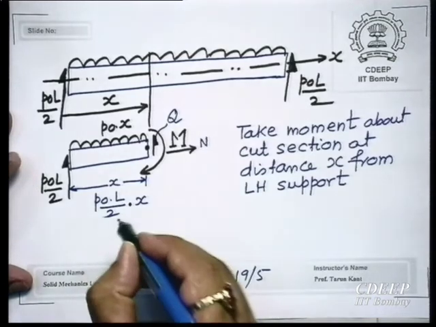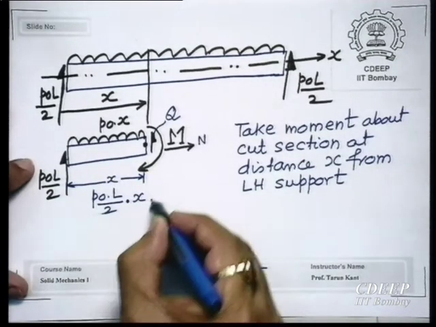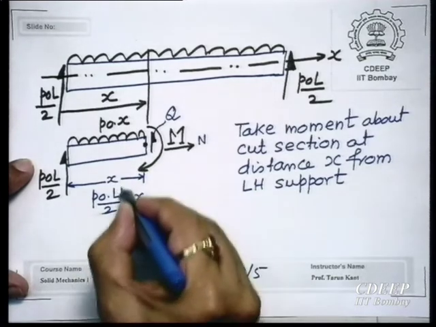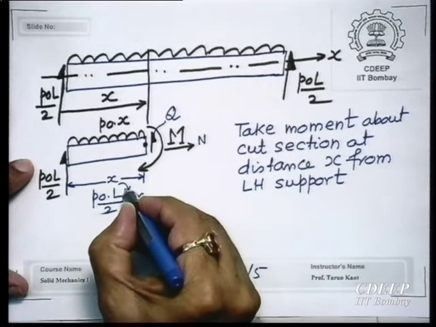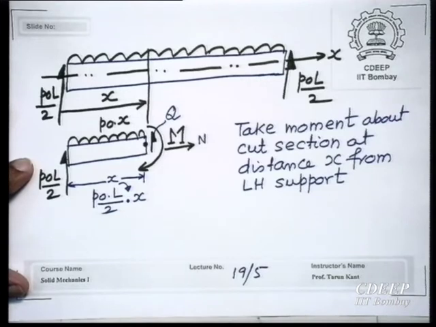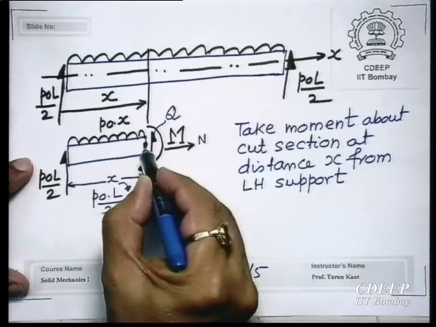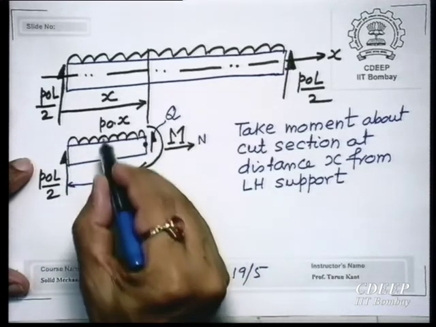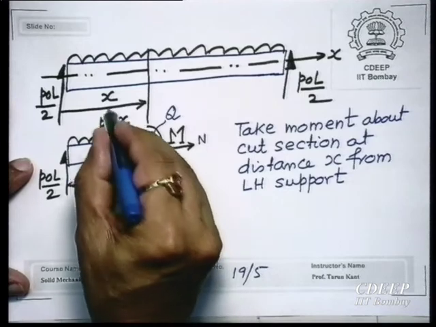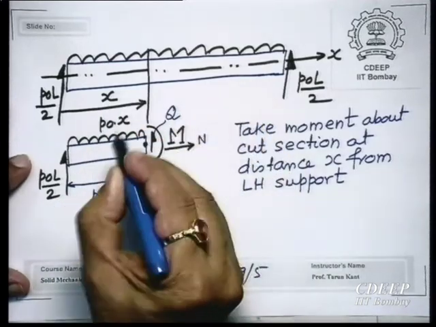It is also good practice to show the direction, so that you do not make a mistake. Taking moment about this point, this moment is like this, clockwise. Then, because this is a UDL that is acting, the centroid of that will be at the center. What will be the centroid?